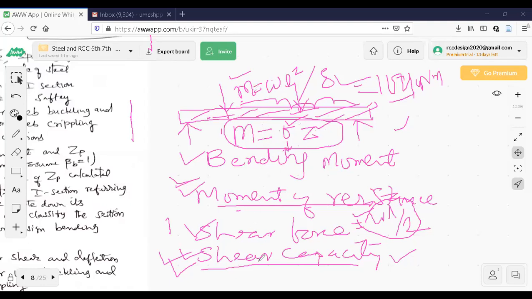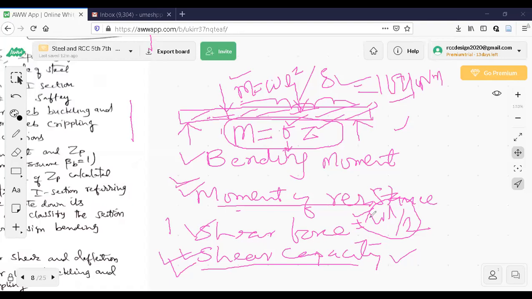Next is shear force and shear capacity. Shear force again depends upon the loading. Shear capacity formula I have to search in the code book. Use that formula, substitute the values, find the shear capacity, and compare that value with shear force. Shear capacity has to be more than shear force. Once this happens, the beam is safe.